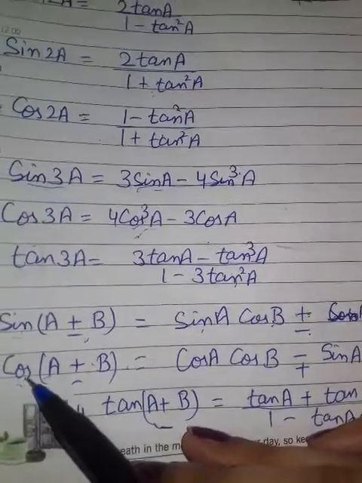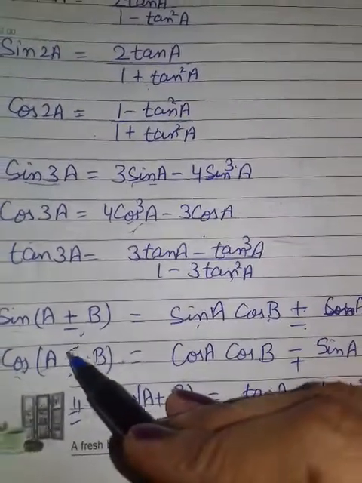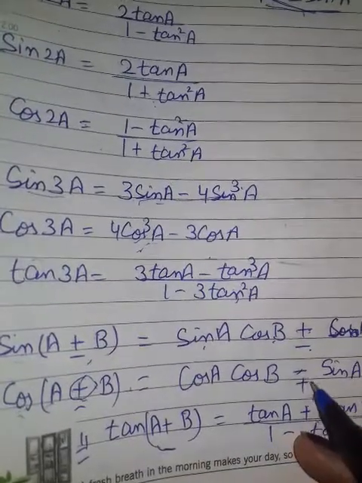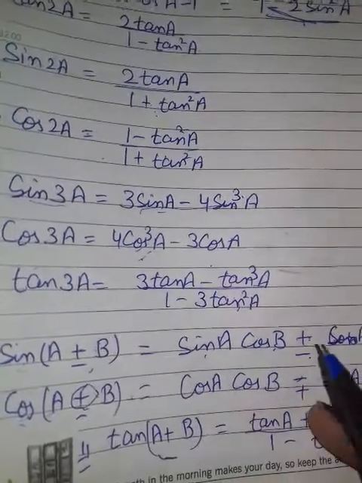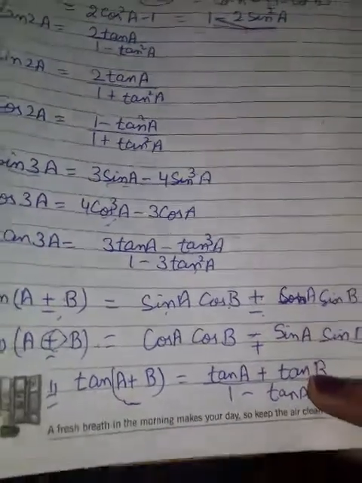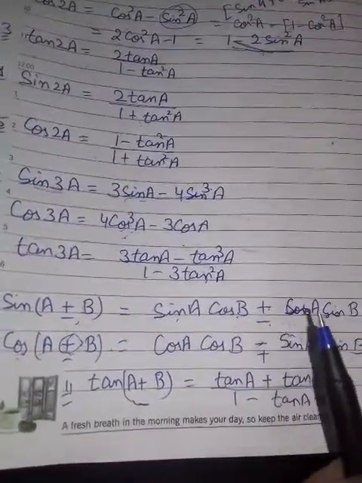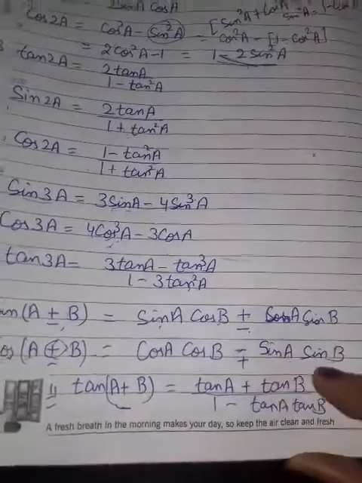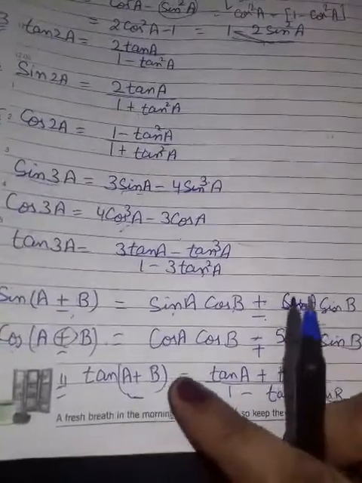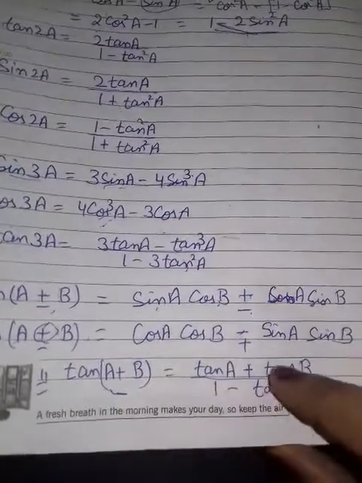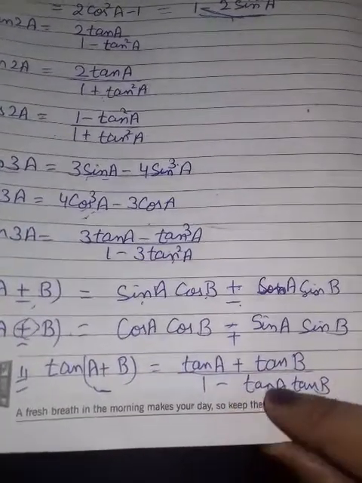Whenever it is cos, then you will take positive times negative, negative times positive. Remember this thing. In sine the same will remain, but in cos it will be different. And cos will come with the same partner in the identity of cos. Sine will come with the sine.